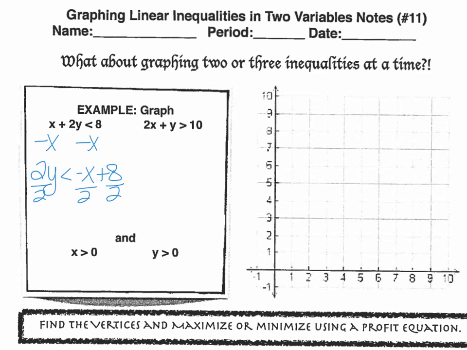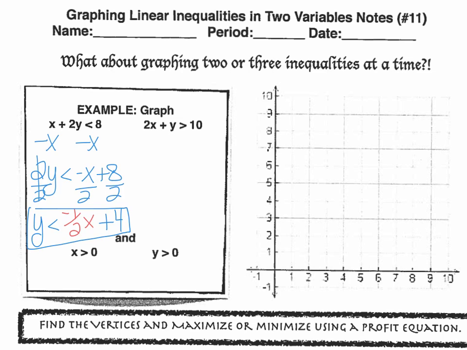If you multiply or divide by a negative, you have to switch your inequality signs. And so then we simplified here. We have y is less than, I didn't divide by a negative, so I don't have to change anything. And looking at this value right here, negative x over 2, that's really the same thing as negative 1/2 x. And then 8 divided by 2 would give me plus 4. So there is one of the inequalities that I can graph.